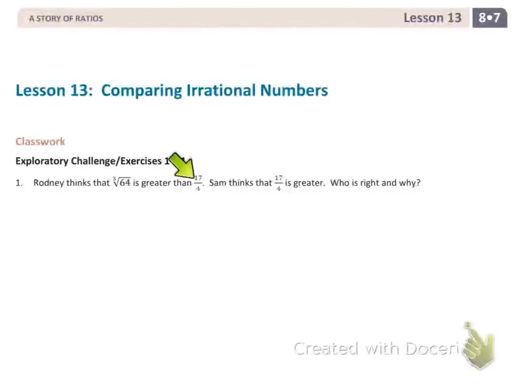Also, using the division button to crank this out is off limits. So use the calculator the least amount you can. You can use it the way we used it in the last lesson, in lesson 11, to do that rational approximation. Otherwise, see what you can do just with your brain and with paper and pencil.